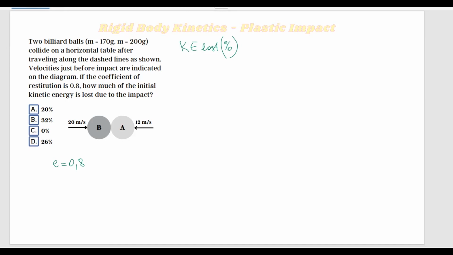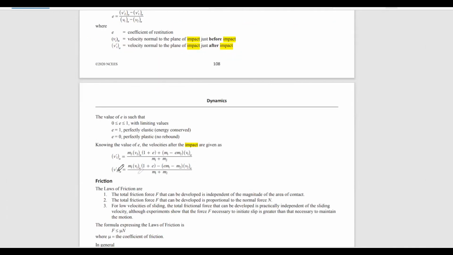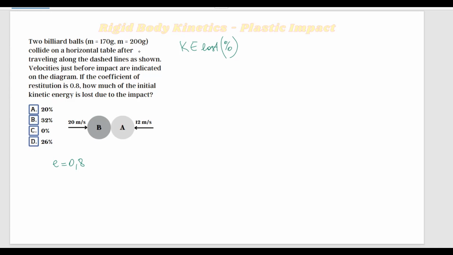Okay, so let's focus here. We have the velocities before the impact, and then we have to calculate after the impact. We have the coefficient of restitution. Let's come back to the FE handbook. V1 prime, V2 prime, we're going to calculate the velocities. The formula for kinetic energy is mv squared over 2.